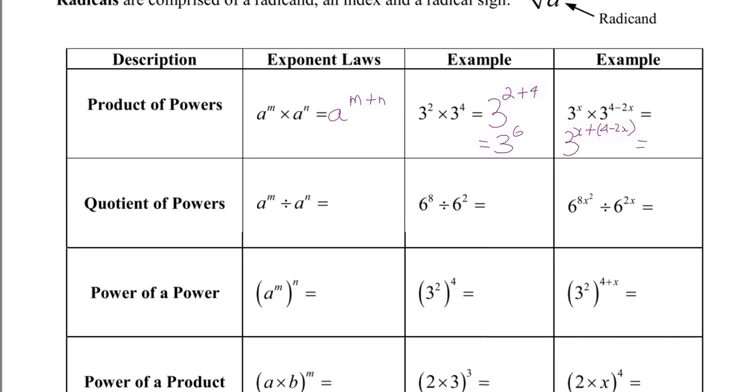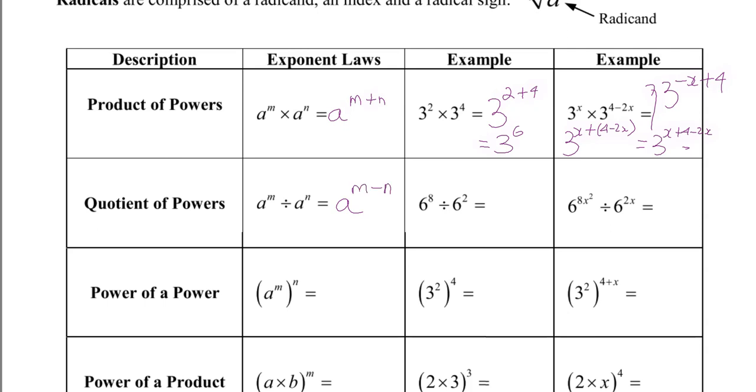So that just becomes 3 to the x plus 4 minus 2x, which is 3 to the negative x plus 4. Then we add our x's together, and we've got the numbers. So x plus negative 2x, or we would just say x minus 2x, and x minus 2x is negative x plus 4.